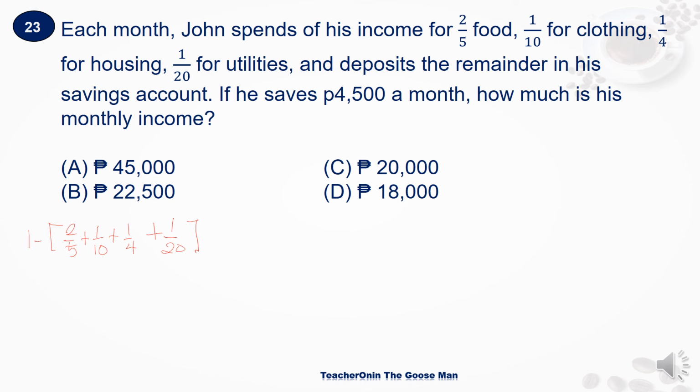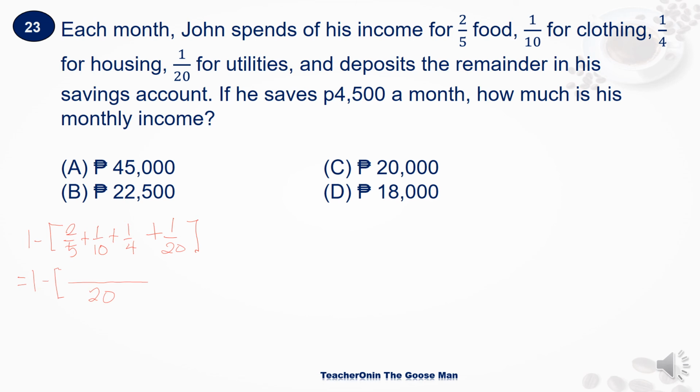Now, next. Pag magsusubtract tayo ng fraction, meaning to say, we will get the LCD. Ano ba LCD ng 5, 10, 4, tsaka 20? So actually, ang LCD niyan ay 20. So, gagawin natin is simply divide the LCD by the denominator, then multiply to the numerator.